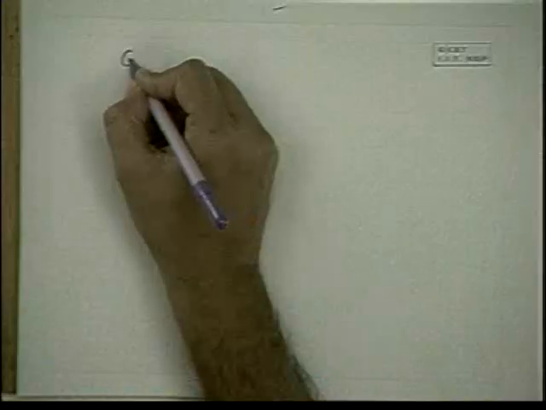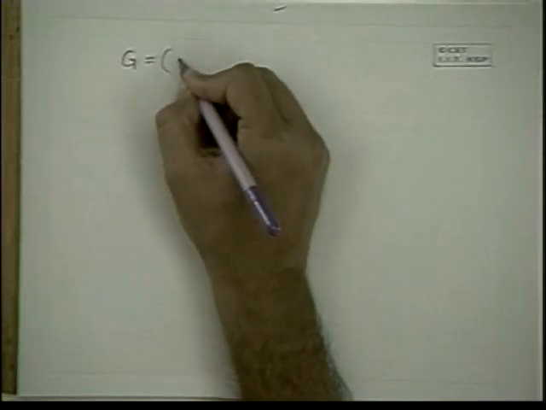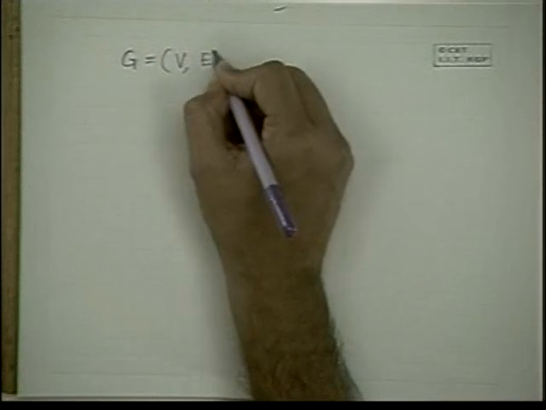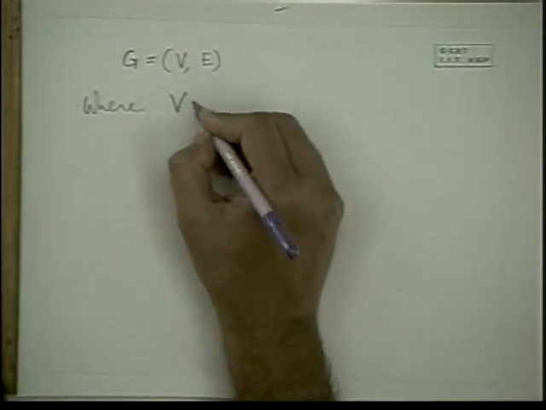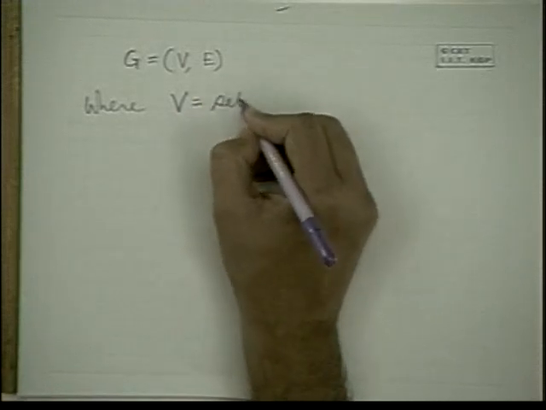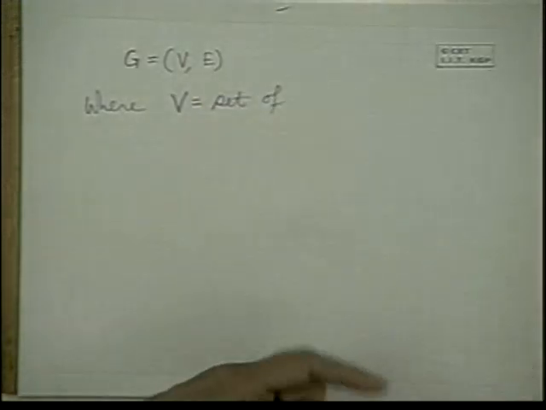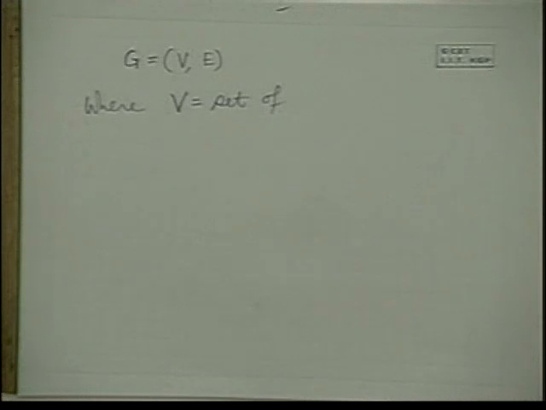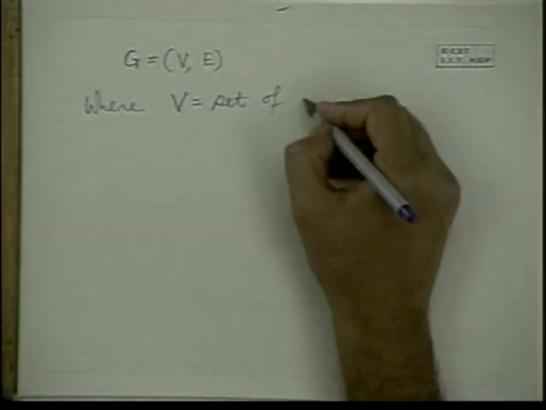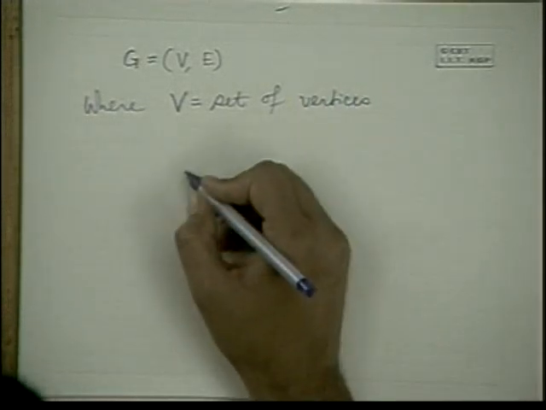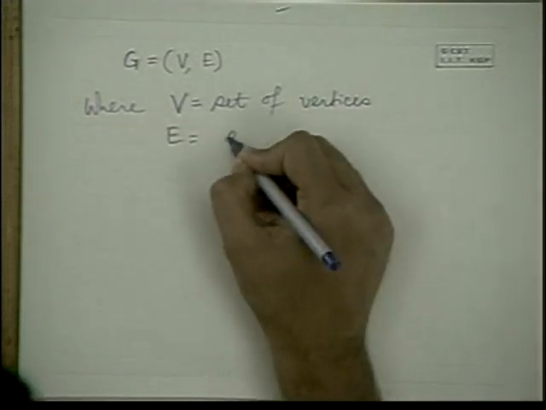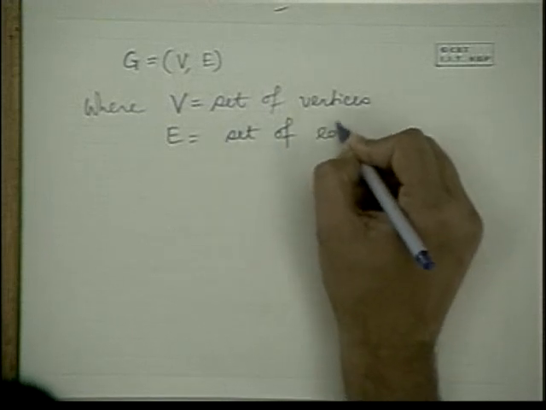A graph G is a tuple (V, E), where V is a set of vertices and E is a set of edges.